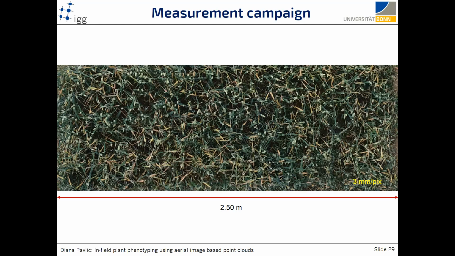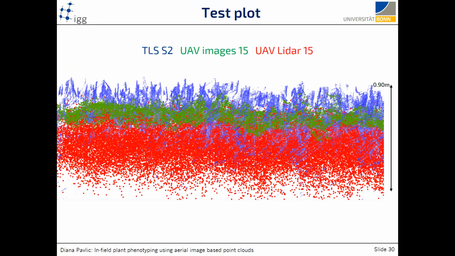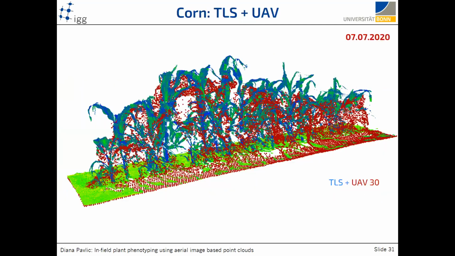This is the top view, and when we look into the data from the side, measured with different sensing systems, we can see how the different sensing systems see the same plot differently. Here we can see in blue how the TLS sees the data, then structure from motion in green, and what UAV LiDAR sees in red.